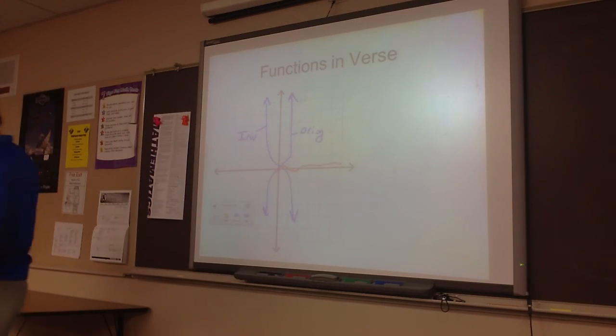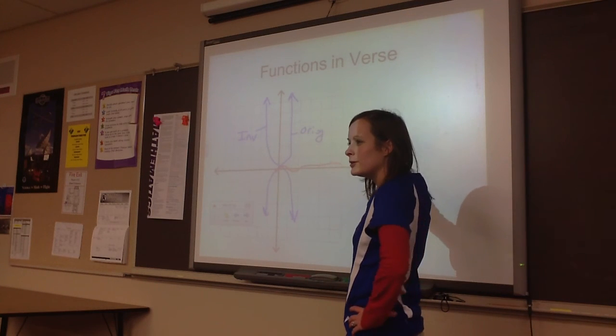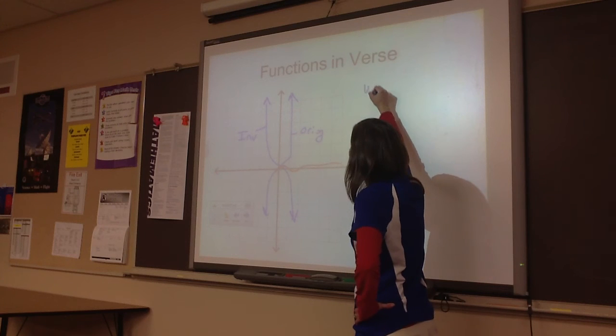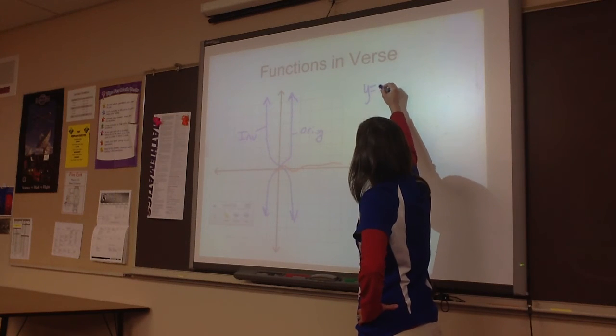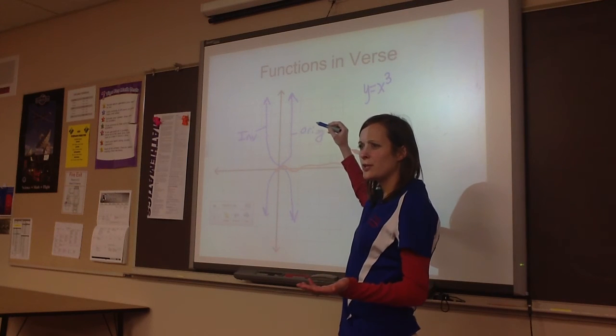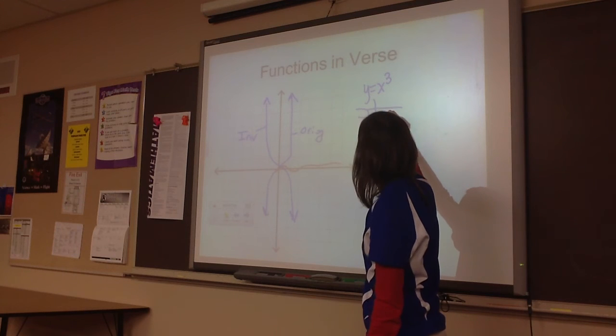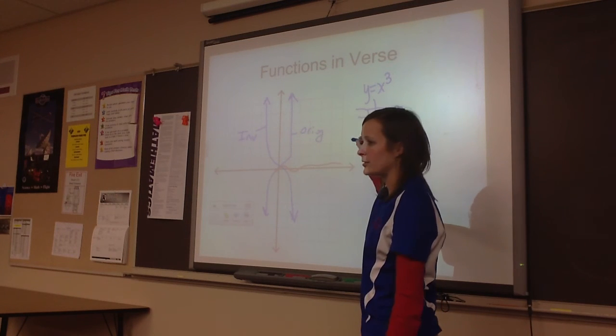Alright, so let's do an in-out table for the original. What is the original? Y equals x cubed, correct? Didn't we do an in-out table for this? And we got -1 is. And what were some of your other values?